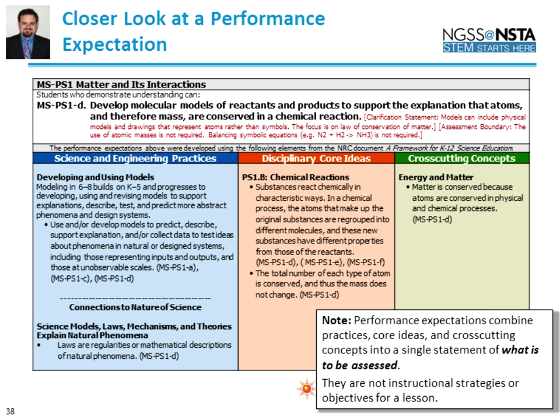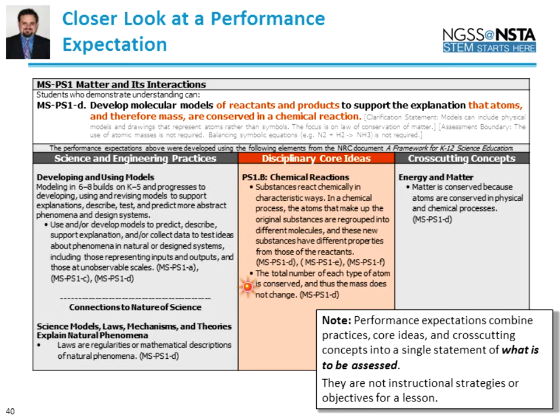But let's look at how it pulls those different elements together. So we've got develop molecular models to support an explanation. That's the science and engineering practice of developing and using models. And then this idea of reactants and products, and that atoms and mass are conserved in a chemical reaction. That's captured here about substances reacting in characteristic ways, and that the total number of each type of atom is conserved, and thus mass does not change.